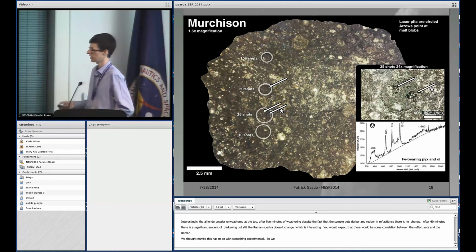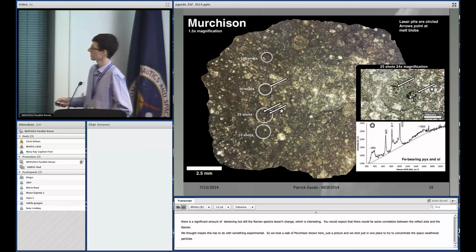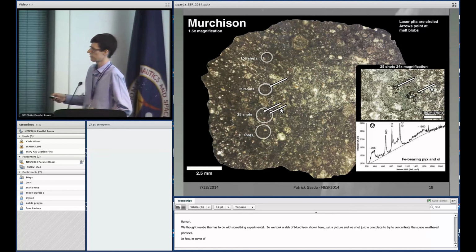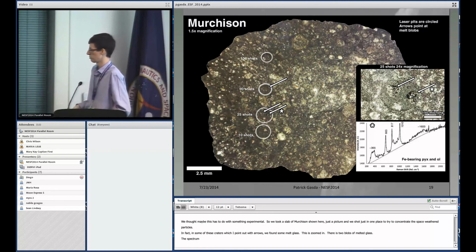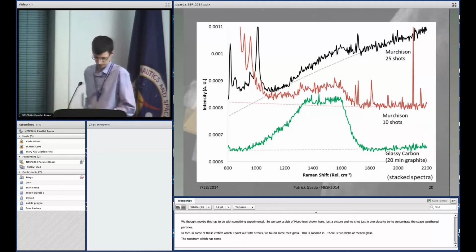So we took a slab of Murchison, shown here, just a picture, and then we shot just in one place to try to concentrate the space weathered particles. And in fact, in some of these craters, which I point out with arrows, we found some melt glass. This is zoomed in here, and there are two blobs of melted glass. The spectrum has some pyroxene and olivine peaks, and then this interesting feature here at 1600 wave numbers.